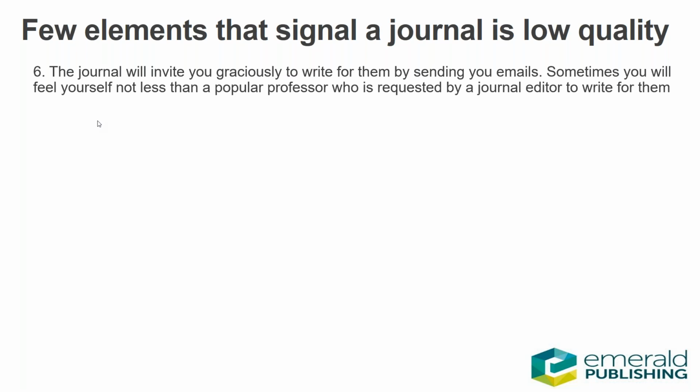The method is otherwise. I have to request the editors that if my article meets scientific merit, please publish it. A quality journal editor will not write to me unless I become as famous as Philip Kotler in marketing, and Robbins, and some others. I'm not Bill Gates that some journal will request me to write on technology. So please don't be deceived by them in this manner. If they are writing to you, ignore them.